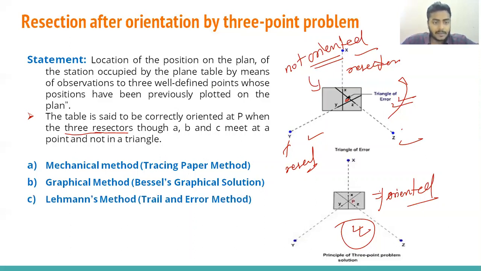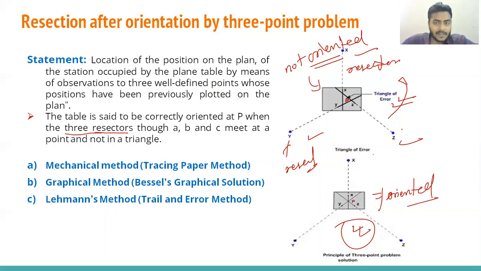The next one is Lehmann's method, also called the trial and error method. In that case, we draw the rays, and if they are not meeting at a point, we assume some other station and draw the rays again.